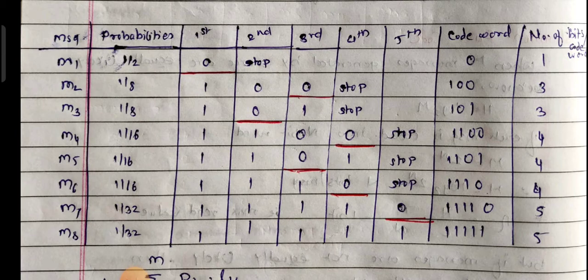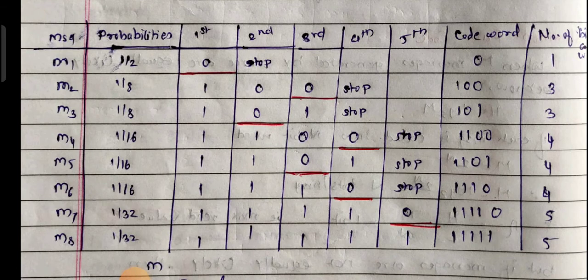So what we have to do is prepare two columns, one for messages and one for their probabilities. Next, we have to partition all the given messages into two sets such that the probabilities of these two sets are equal or nearly equal. So let's see how we can partition.